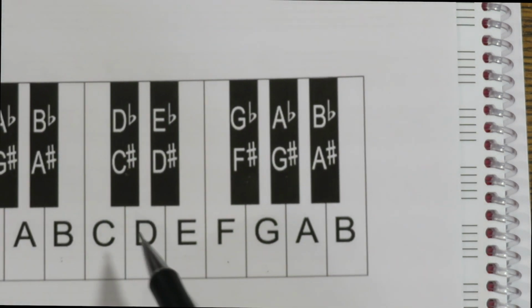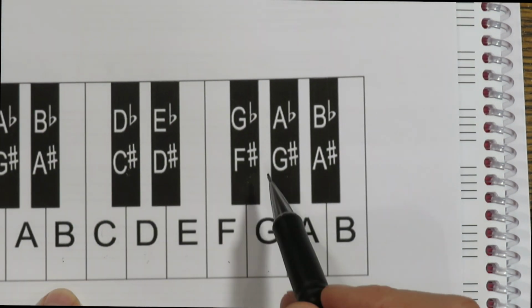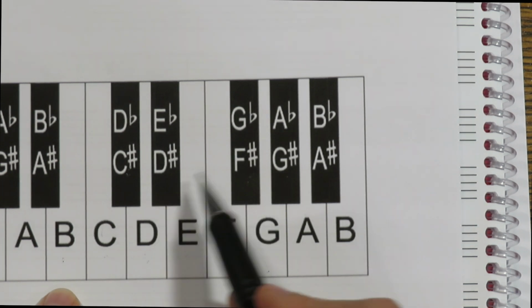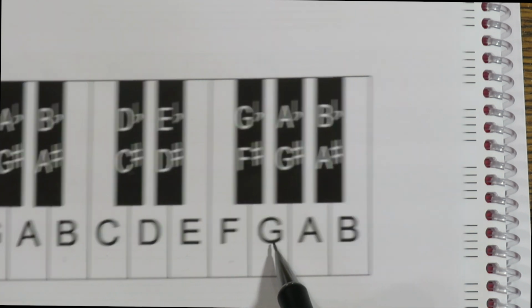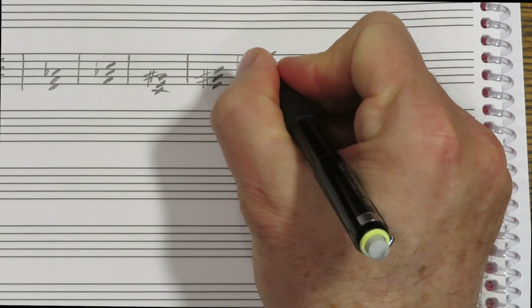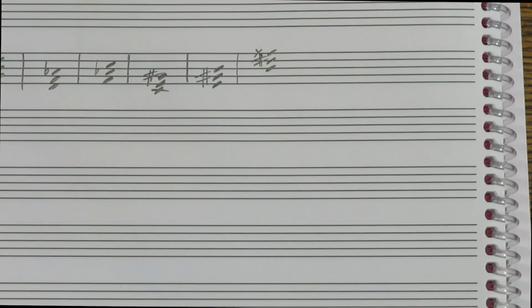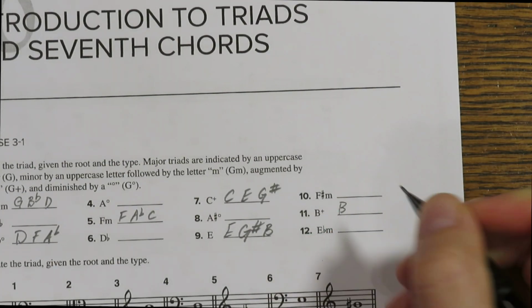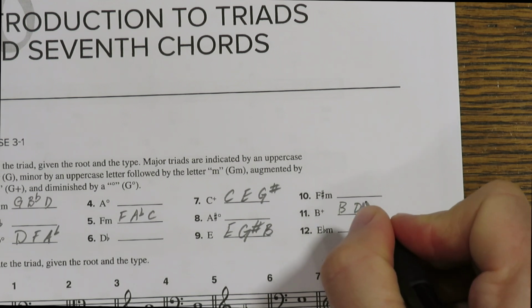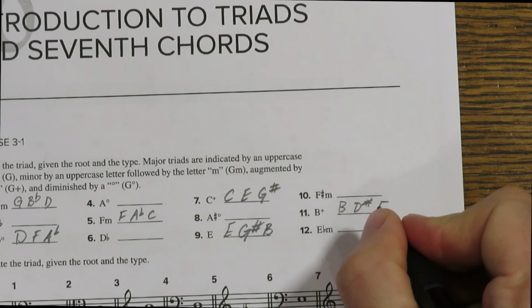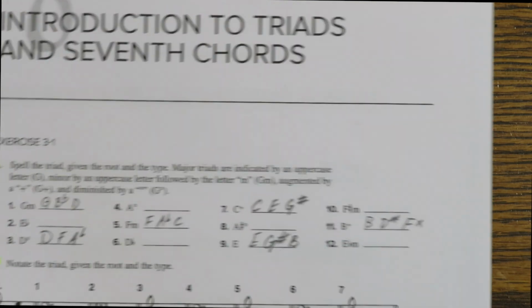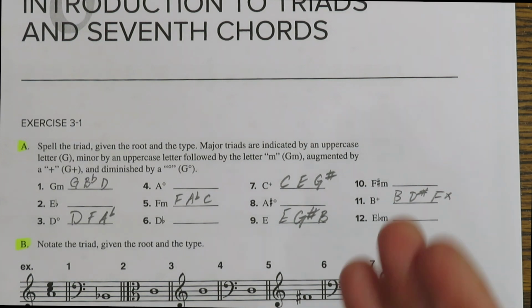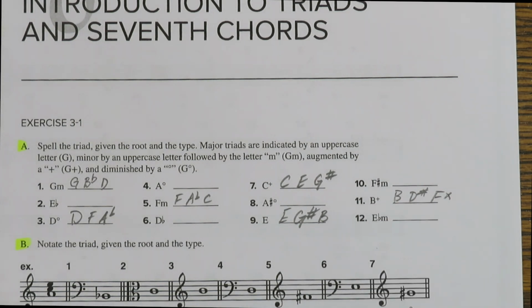So if B major is B, D sharp, F sharp, then B augmented has to be B, D sharp, F double sharp. Okay? So we would put the double sharp symbol there, like an X. Okay? So we have B, D sharp, and F double sharp. Okay. So there we go. Fill out the rest, and I will see you for part B. Thanks.